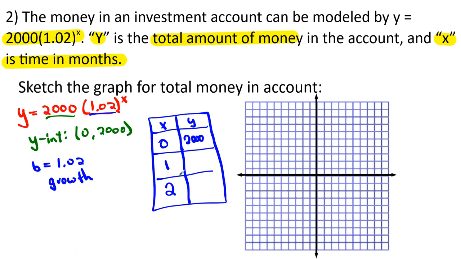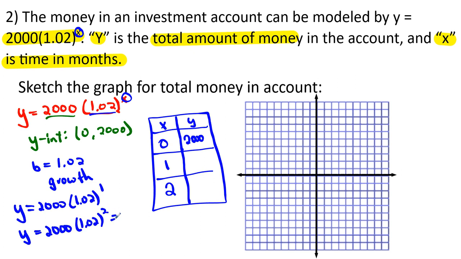We just got to get 1 and 2 plugged in for x in the equation and find what it is. So this is your calculator work that you're going to want to do. And then also raise that same thing to the second power as well. Get your calculator out, and we're hoping it should be above 2,000 because we're growing money, not decreasing it.